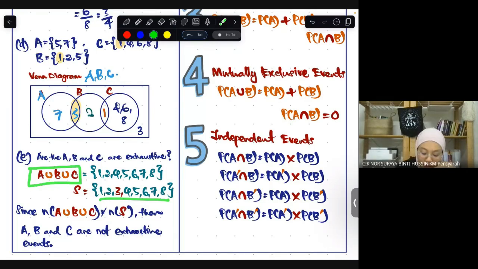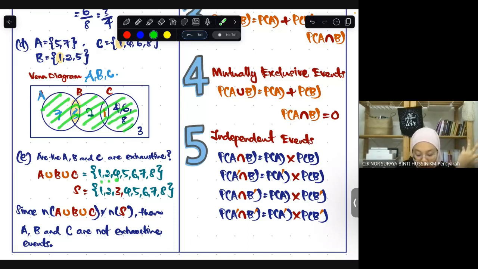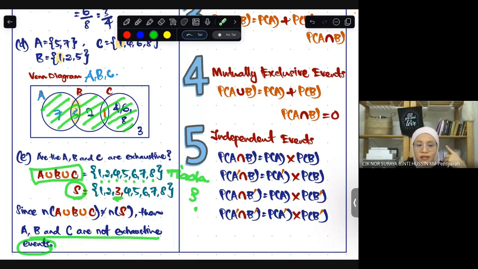If you look at this, A union B union C has only 1, 2, 4, 5, 6, 7, 8. So A union B union C does not have 3. When there is no element 3 while the total sample space has 3, it means that A, B, C are not exhaustive events.